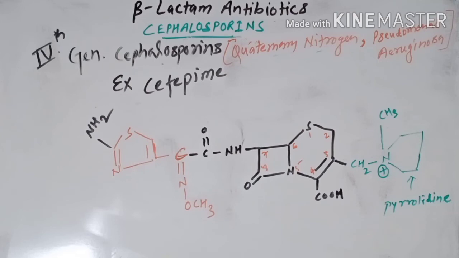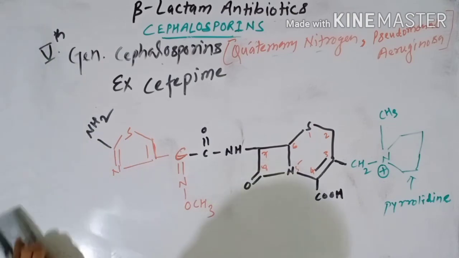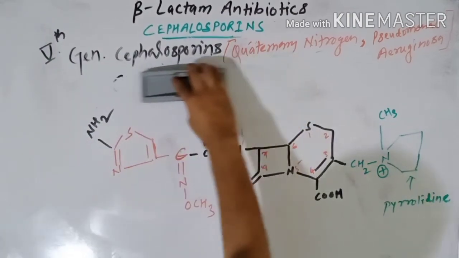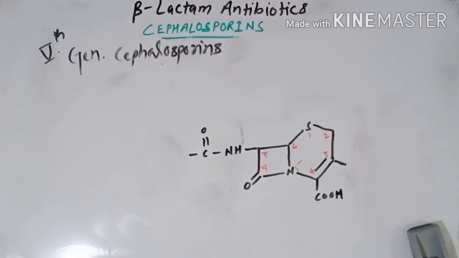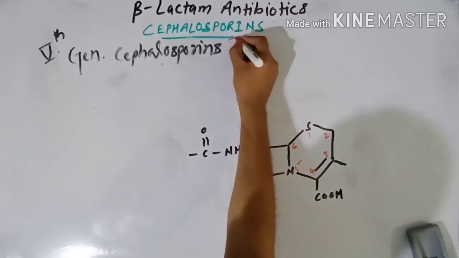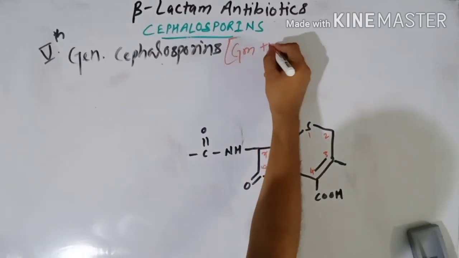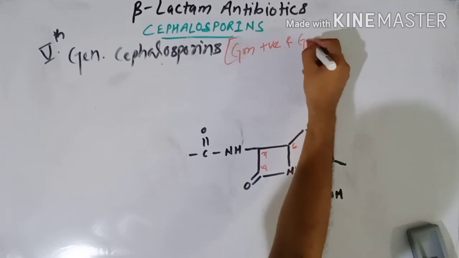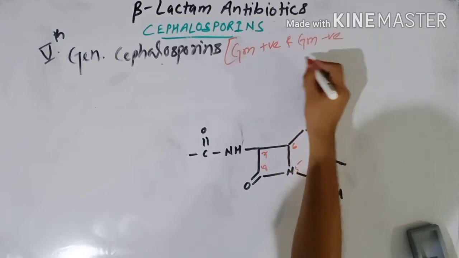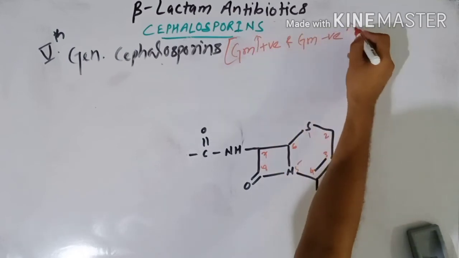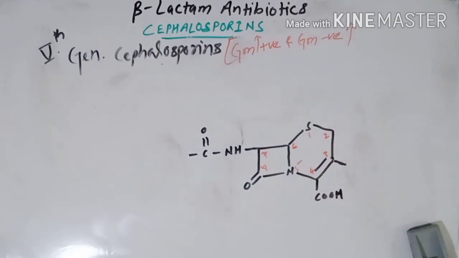There is another class, that is fifth generation cephalosporin. First of all, you have to memorize that they are active against both gram positive and gram negative, meaning they have an expanded spectrum of activity, higher activity against both gram positive and gram negative bacteria.